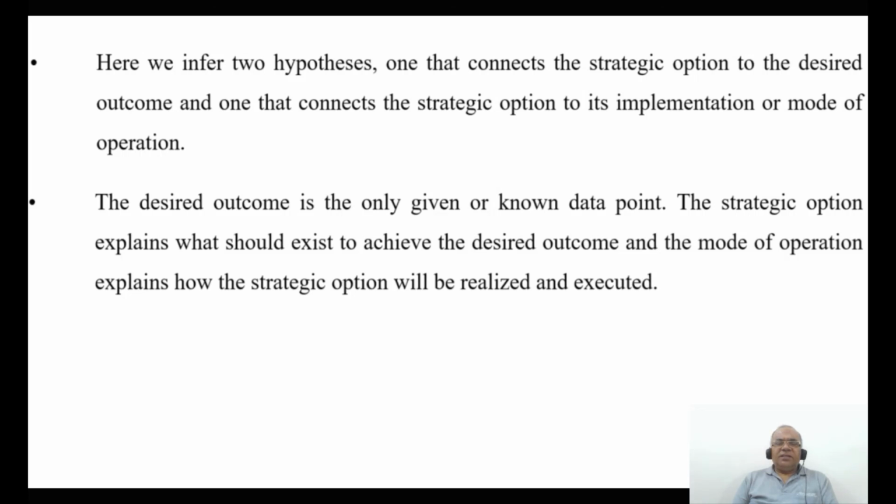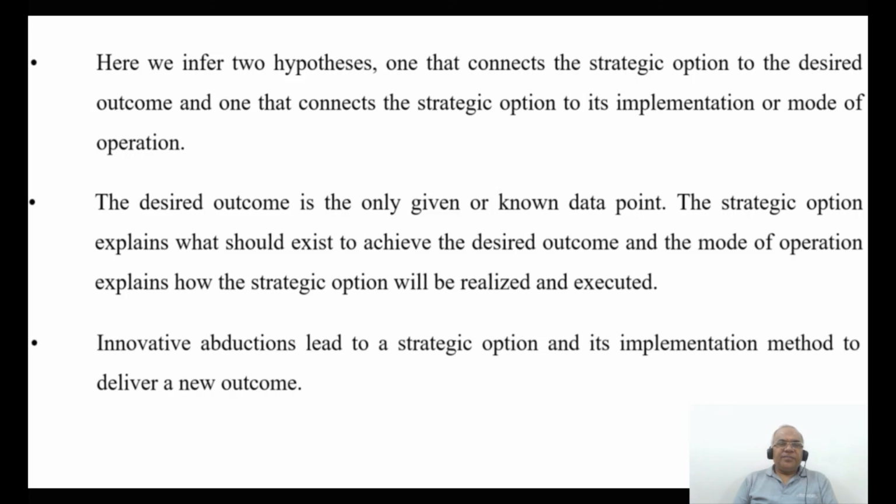The desired outcome is the only given or known data point. The strategic option explains what should exist to achieve the desired outcome, and the mode of operation explains how the strategic option will be realized and executed. Innovative abduction leads to a strategic option and its implementation method to deliver the new outcome.